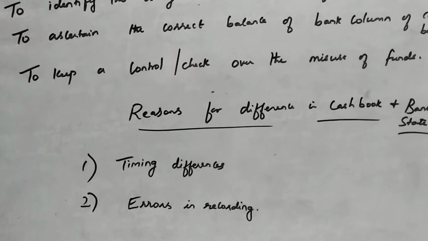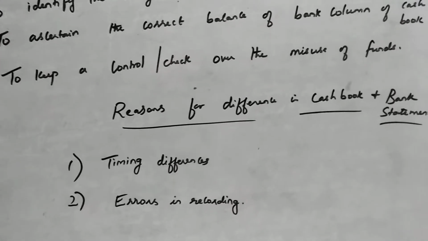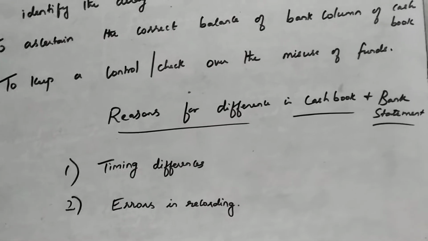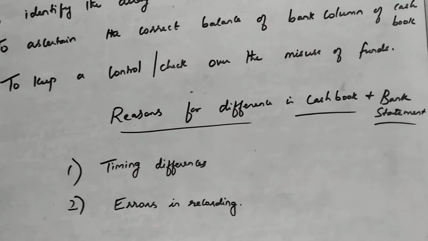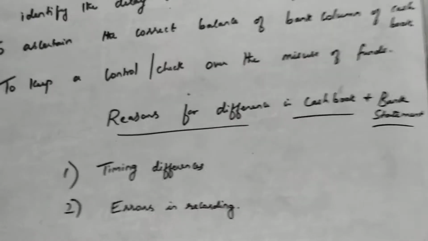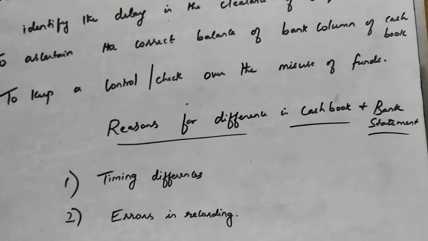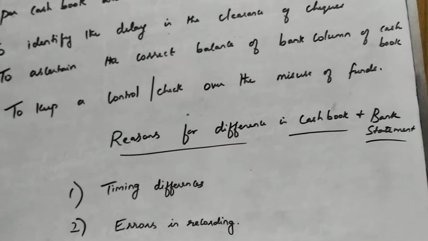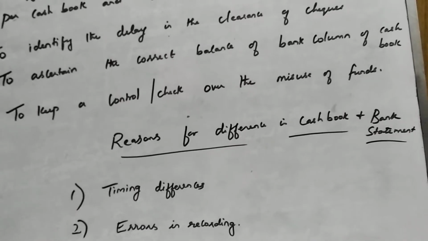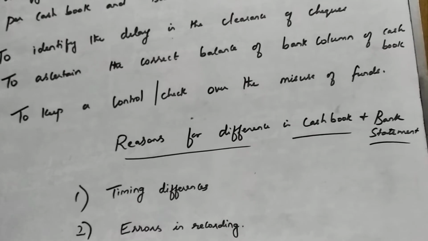So when the business does not have sufficient money in its bank account, it can borrow money from the bank. As a result, the amount overdrawn from the bank is called a bank overdraft. It is just like a loan. It is a privileged facility given to current account holders of a bank.